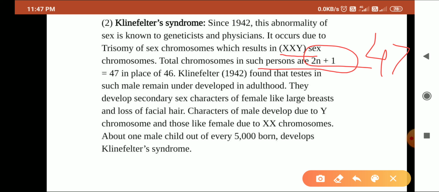Klinefelter in 1942 found that testes in such males are underdeveloped and they bear secondary sexual characters, female-like characters, like they bear large breasts, loss of facial hair, and characters of the male that develop due to the Y chromosome, and those like female due to the XX chromosome. So they bear female-like features and the males are sterile.